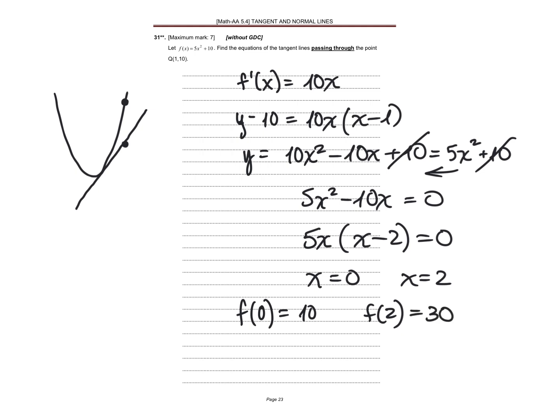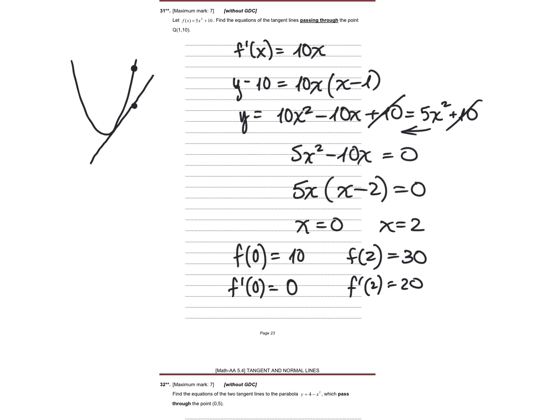Okay, so then we need the derivative at 0, which is 0, and the derivative at 2, which is 20. So our two lines should be y minus 10 equals m times x minus 0. Because the derivative is 0, it's a max or a min, so it's just going to go through the y coordinate.